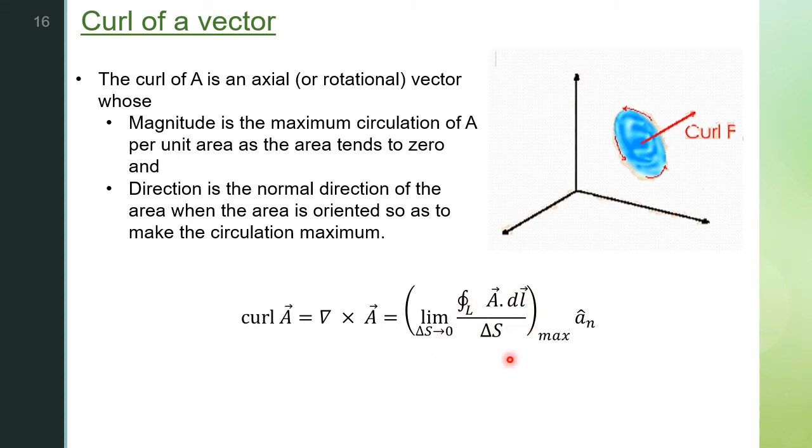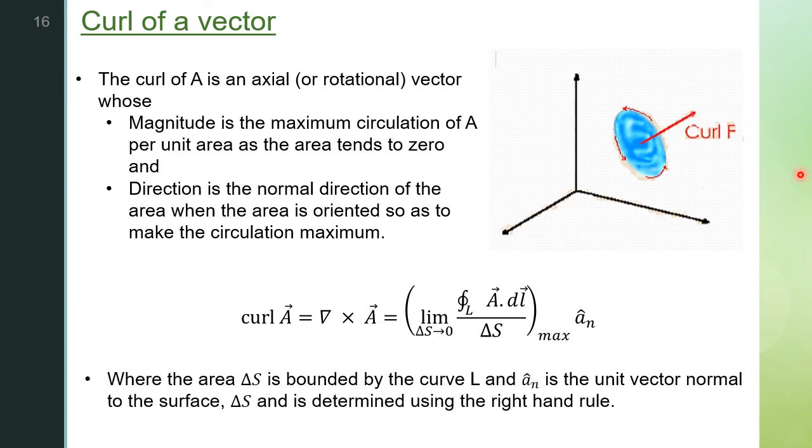The maximum circulation is denoted by the curl and is directed in the normal direction. So that gives us the curl of a vector field. Now this delta S is bounded, that is, we'll have a closed region. So that is delta S is bounded by the curve L, and a_n cap is the unit vector normal to the surface delta S. And this direction is determined using the right hand thumb rule.